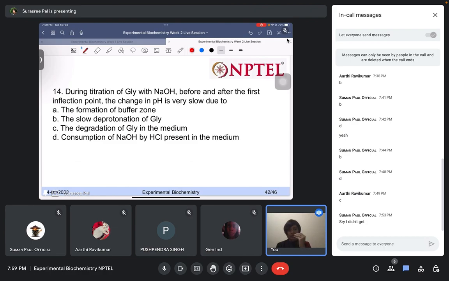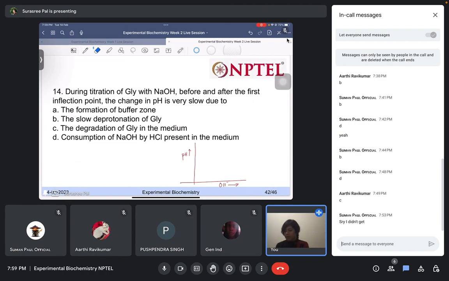You are keeping on adding alkali, but the change of pH is very slow. Why does that happen? For example, the curve, if you remember, here you are adding alkali, OH minus ions. This is the pH axis.